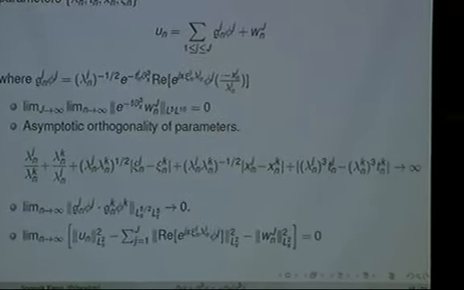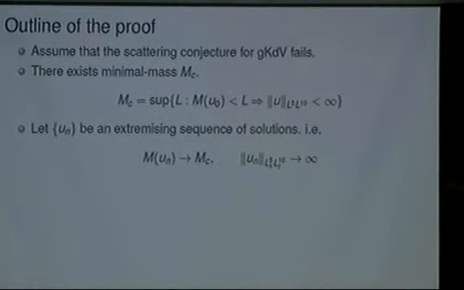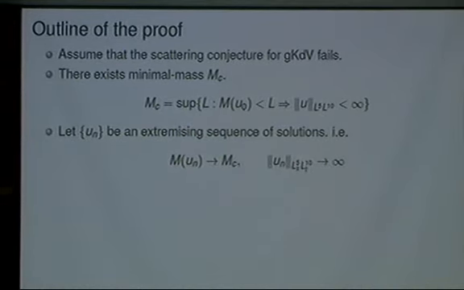So by using the profile decomposition, though we don't have compactness, we have some sort of weaker form of compactness. Let me give you a brief outline of the proof. We are going to show the existence of the minimal mass blow-up solution. If the scattering conjecture is not true, then there exists the critical mass M_c.